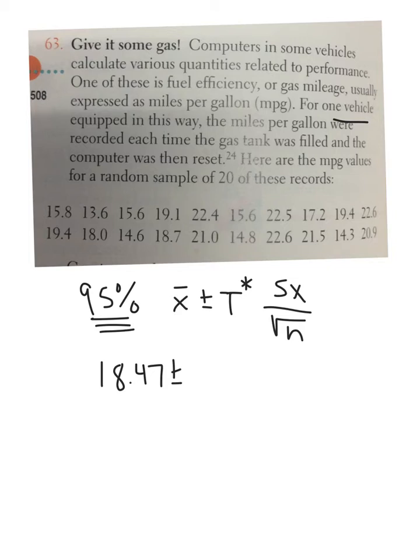So in the t distribution, I go second bars and find inverse t. The area is 0.975 for 95%, because there's 2.5% on either side, and the degrees of freedom is 19, because there were 20 in this list.